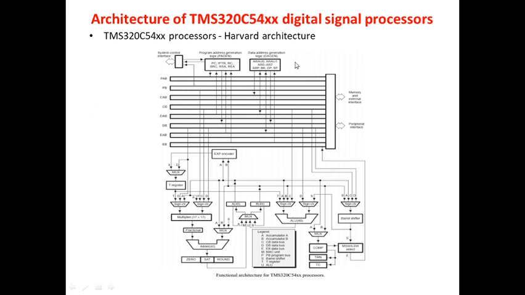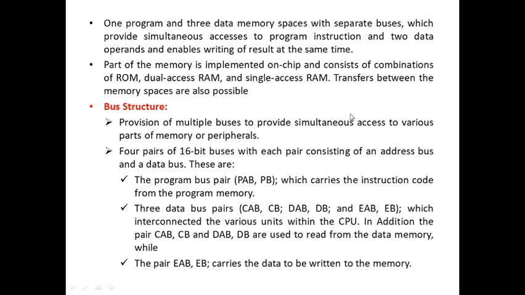So we can see that we have separate program memory for program address generation and data address generation. And then we also have a memory for external interface and peripheral interface.